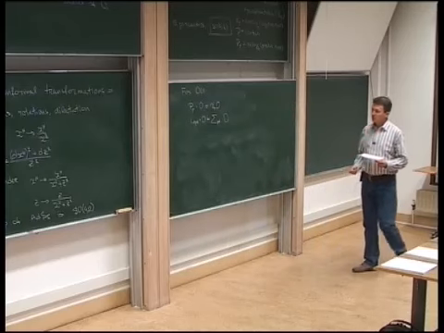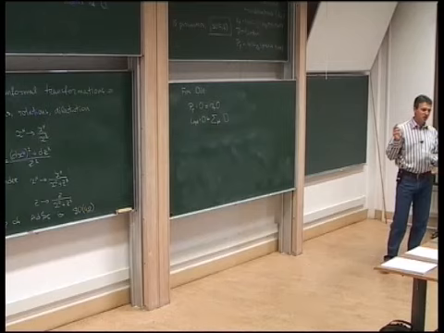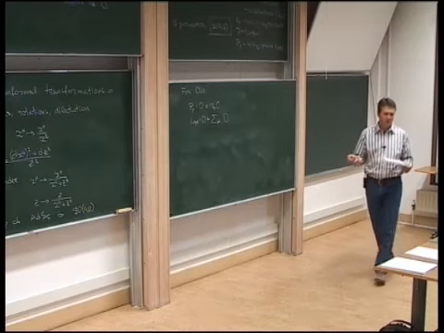Representations of the Lorentz group are characterized by two numbers, the left spin and the right spin.